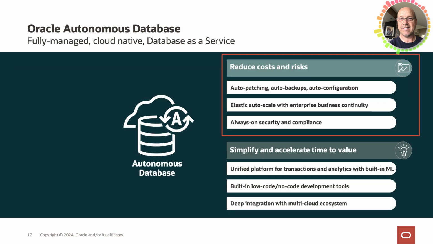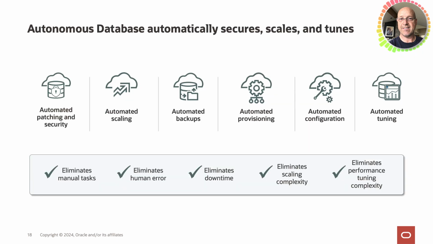Okay. Now, what we're going to talk about here is first this section: how do we reduce costs and risk through that automation? And that's the DBA side. That's the side that you would normally do day to day in your VM that you no longer have to worry about. Okay. And that's because Autonomous Database is now helping you secure, scale, and tune your database automatically in this environment.